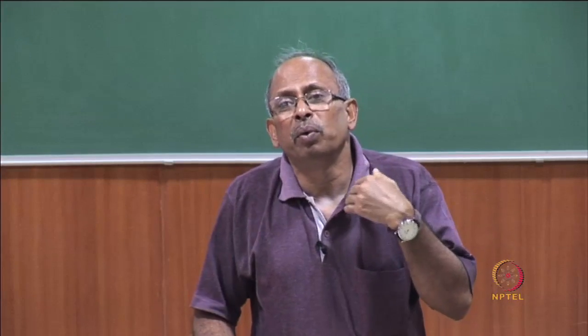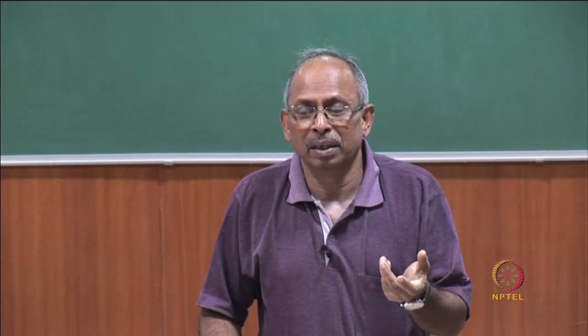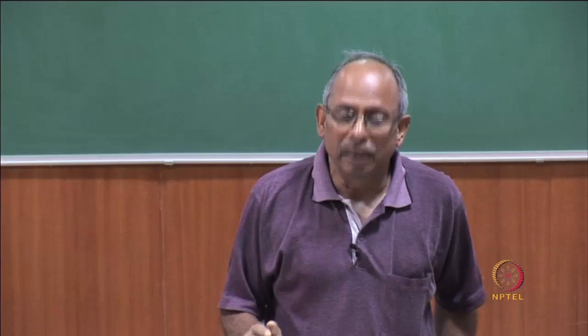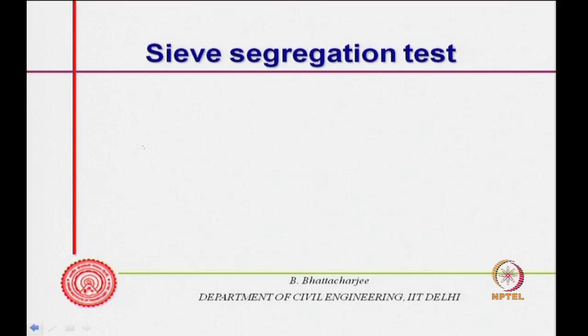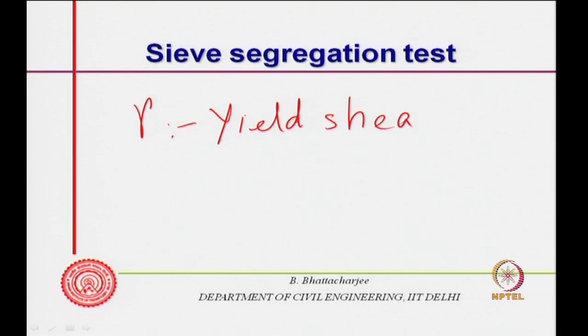If one wants to look from fundamentals like Bingham's model, then this should have been the yield shear stress, gamma, and the viscosity, you call it nu or mu or whatever, let us call it mu.